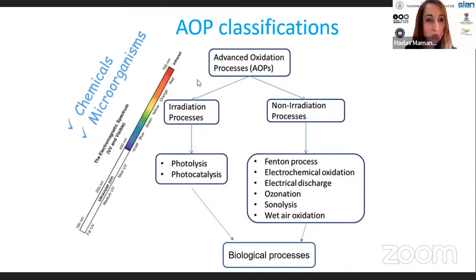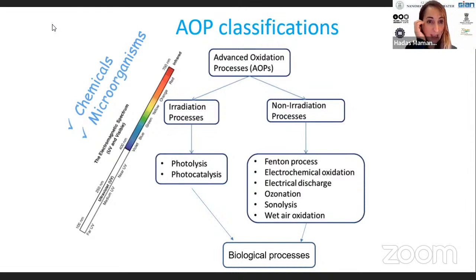However, a huge advantage is if we can add a post-biotreatment following the AOP, and therefore this will allow clearing of the waste. It could be any type of biotreatment: suspended biotreatment, biofilters, or even BAC, which is biological activated carbon.